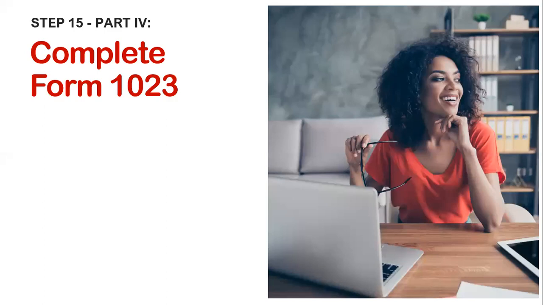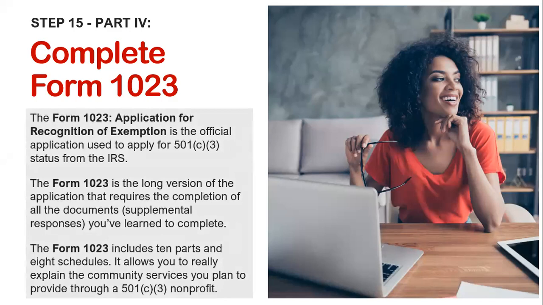So again, we are on step 15 of the Form 1023 application for recognition of exemption, and we are learning how to complete part 4 of that step. As a reminder, the Form 1023 application for recognition of exemption, which I refer to as the Form 1023, is the official application used to apply for 501c3 status from the IRS.